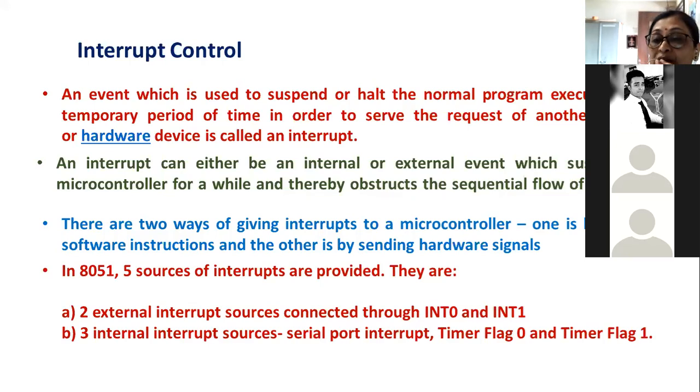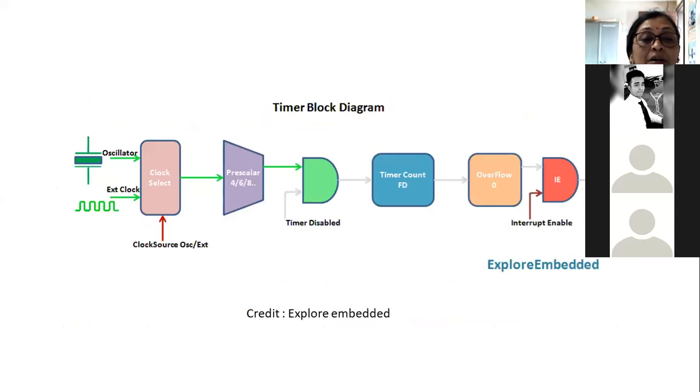The first function is to process the interrupts, and the second is to handle the priorities. To do this, the interrupt control unit has two special function registers. One is IE, which is the interrupt enable register, and the second is IP, which is the interrupt priority register.